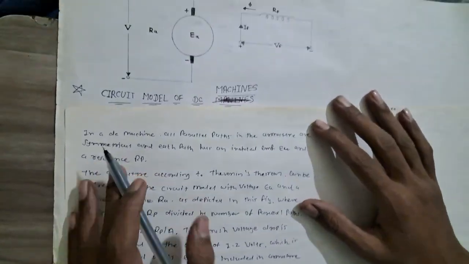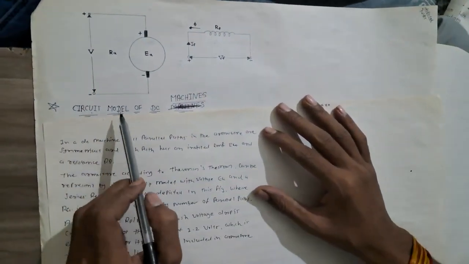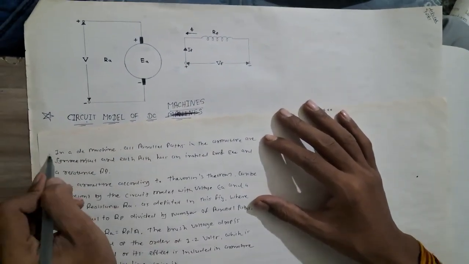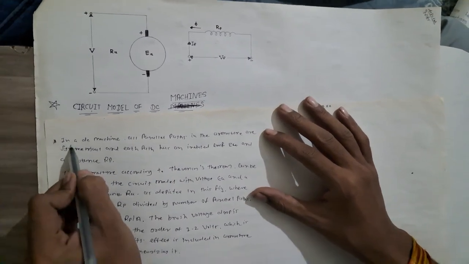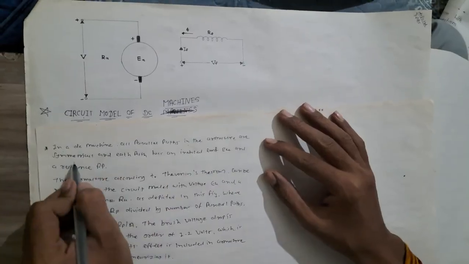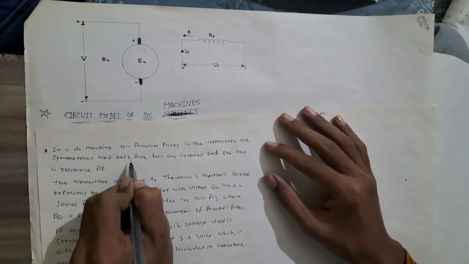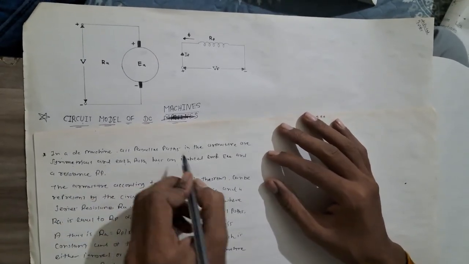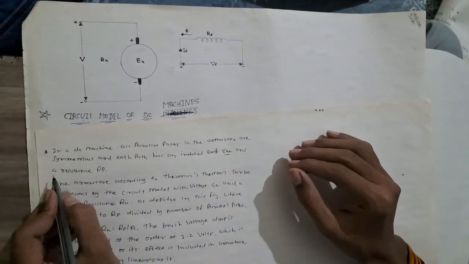So this is our topic, circuit model of DC machine. In a DC machine, all parallel paths in the armature are symmetrical and each path has an induced EMF EA and a resistance RP.